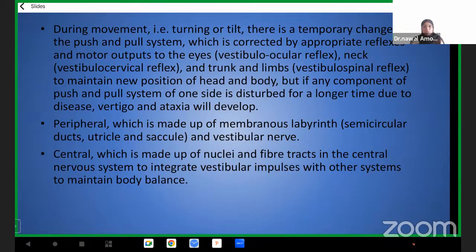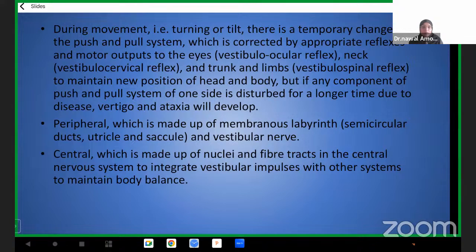These play the push and pull system from one side to another. If this is not distributed properly for a longer time, you will have diseases like vertigo and ataxia. Okay, so remember, these three reflexes are important for the human equilibrium system.